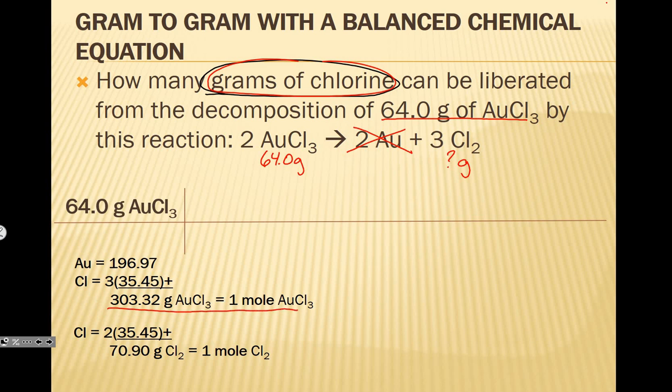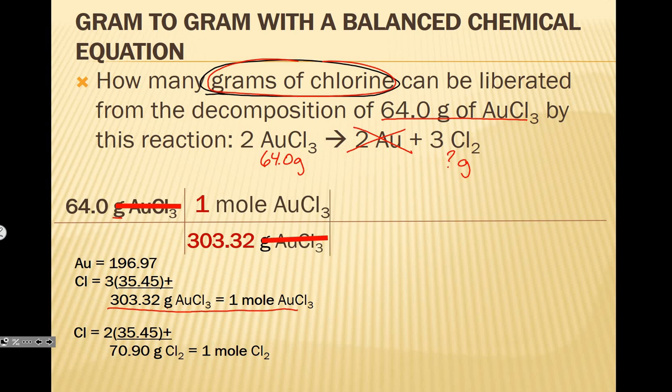I want to get rid of grams here, so I'm going to put grams on the bottom, and I'm going to put 1 mole on the top. And you can see grams of AuCl3 cancel out. And I do. I stop and I cancel them out to make sure I've got them in the right place. The grams are always going to equal 1 mole. Okay? So wherever I put the grams to cancel them out, the other space is 1 mole.